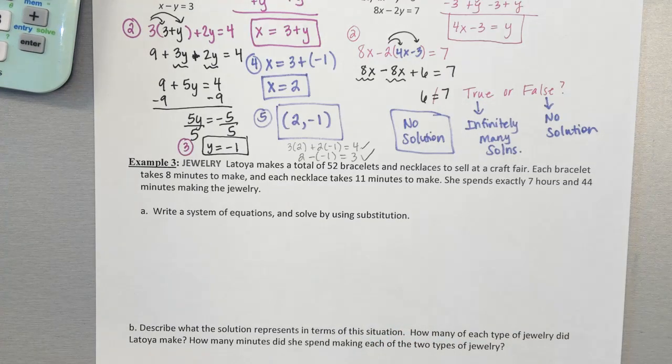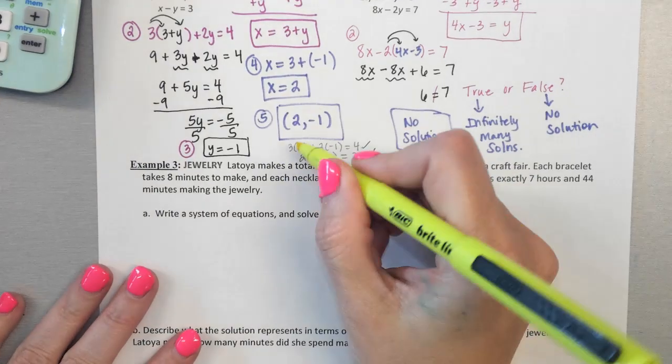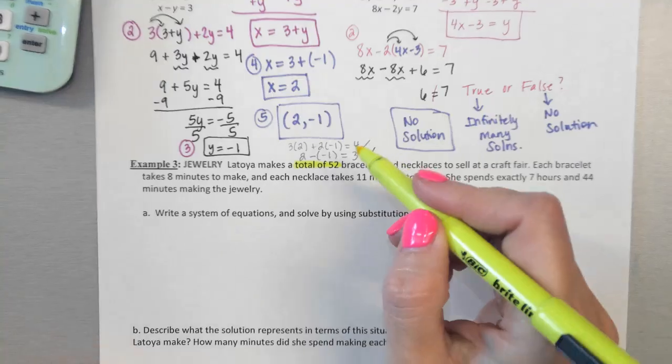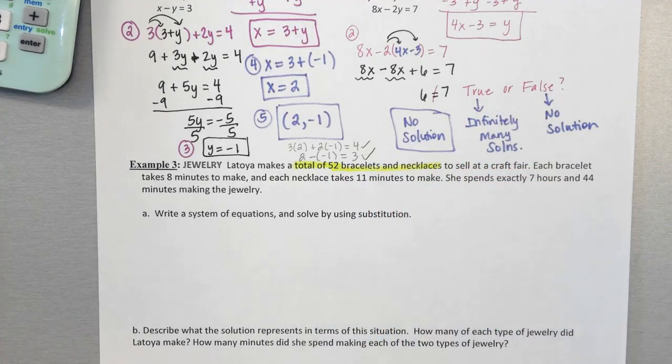Okay, now we can also use systems of equations to model real-world situations. So Latoya is making a total of 52 bracelets. Sometimes I read through this first and then go back and highlight. But it says that the total is 52, so I feel like that's something I'm going to have to know. So it's a total of 52 bracelets and necklaces to sell at a craft fair.